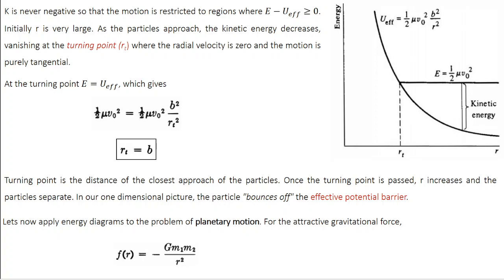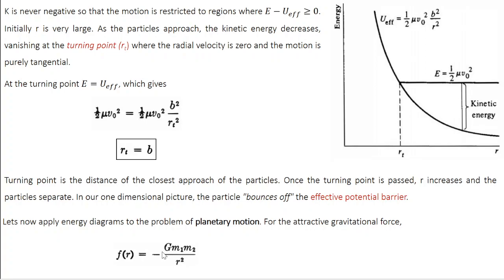Let's apply this finding to the classic problem of planetary motion. We know that planetary motion is governed by the attractive central force known as the gravitational force, given by F of r equal to minus G m1 m2 by r squared, where G is the gravitational constant.